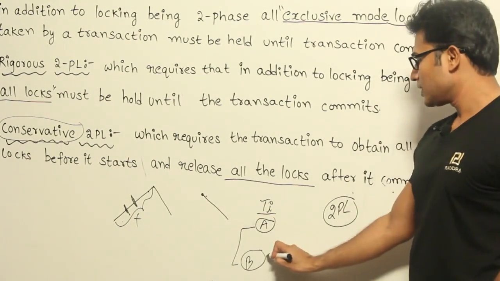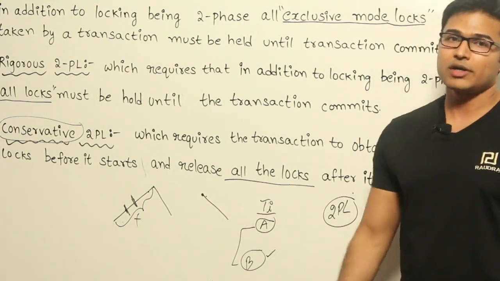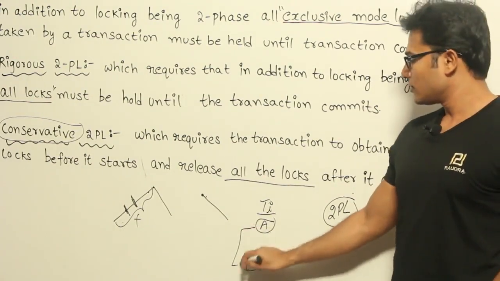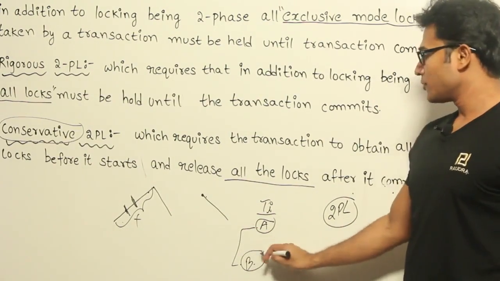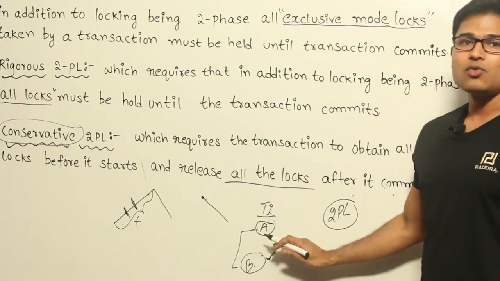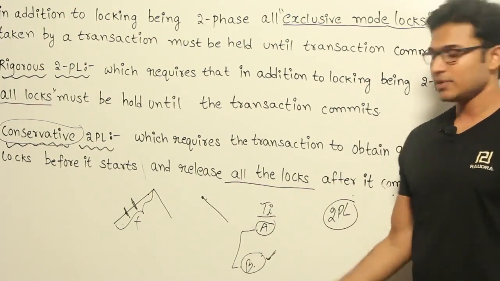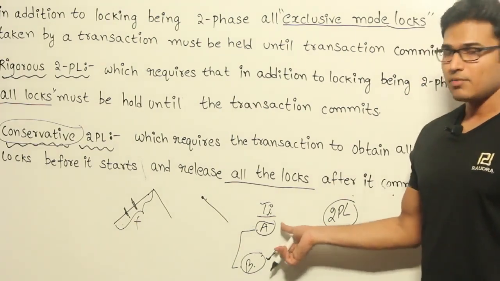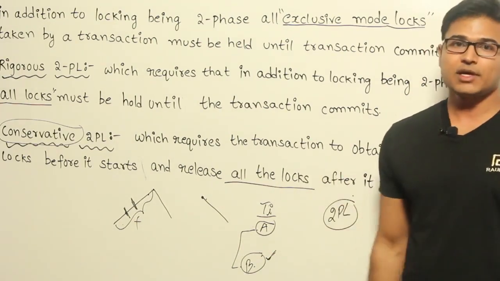Therefore, we are unnecessarily holding a lock on B for a long time, right? So we are very conservative, and because of this all the other transactions which require access to B are going to be starved. Starved means they are going to wait for a long time, and because of this the performance of the system might come down.